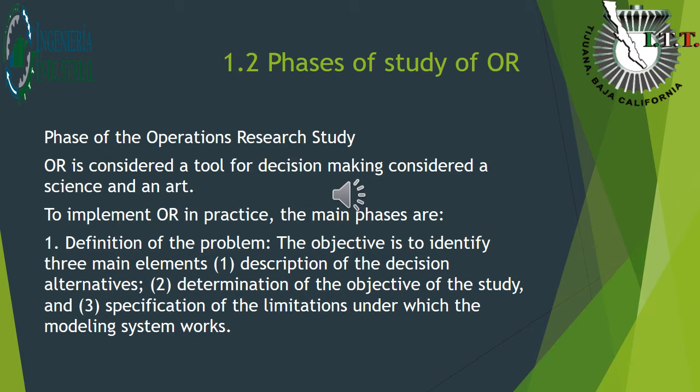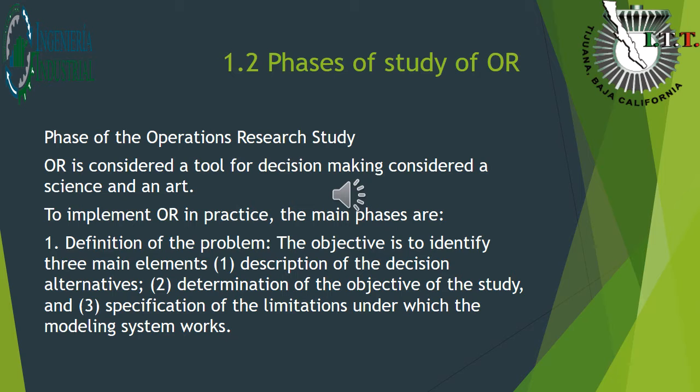Phases of a study of OR. Phase of the Operation Research Study. OR is considered a tool for decision making, considered a science and an art. To implement OR in practice, the main phases are definition of the problem.